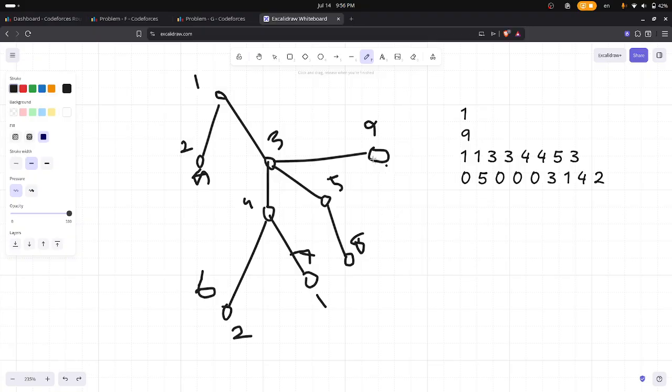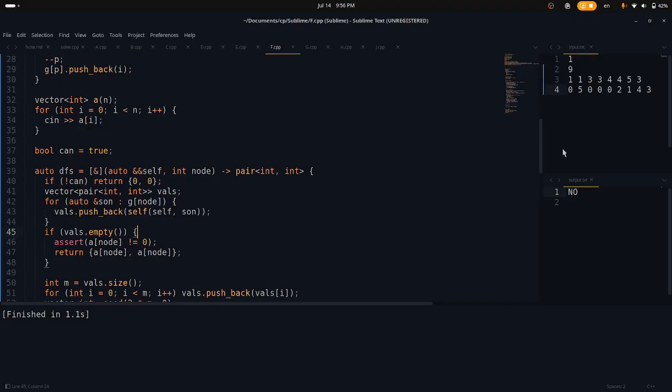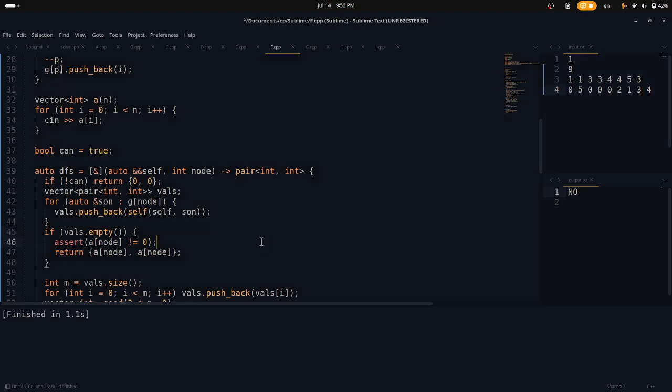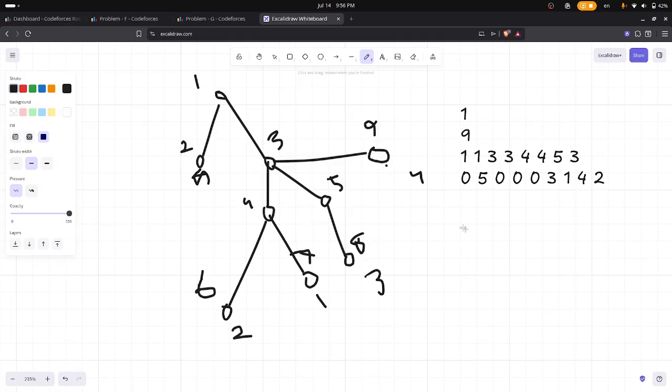So 1, 2, or this can come, or maybe 1, 2 and 3 and 4. So 9 is 4, 8 is 3, then it is possible. I think I'm correct, right? I'm correct.